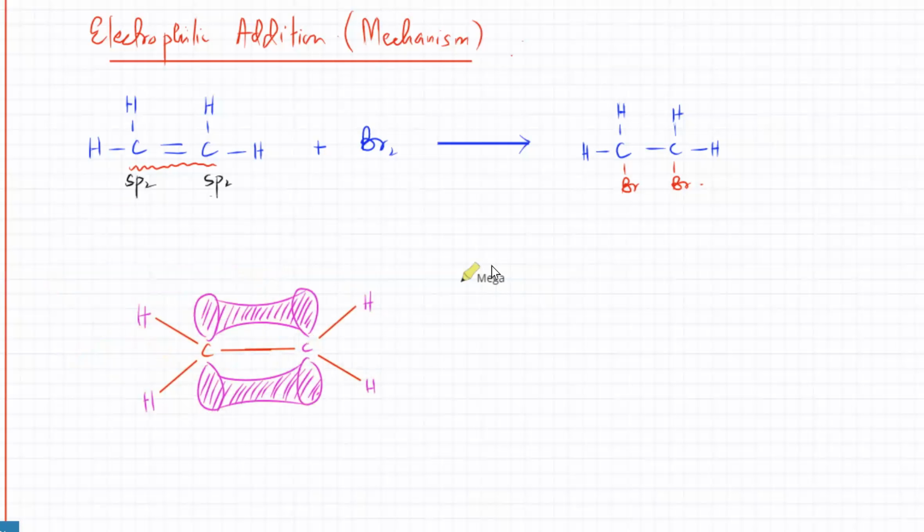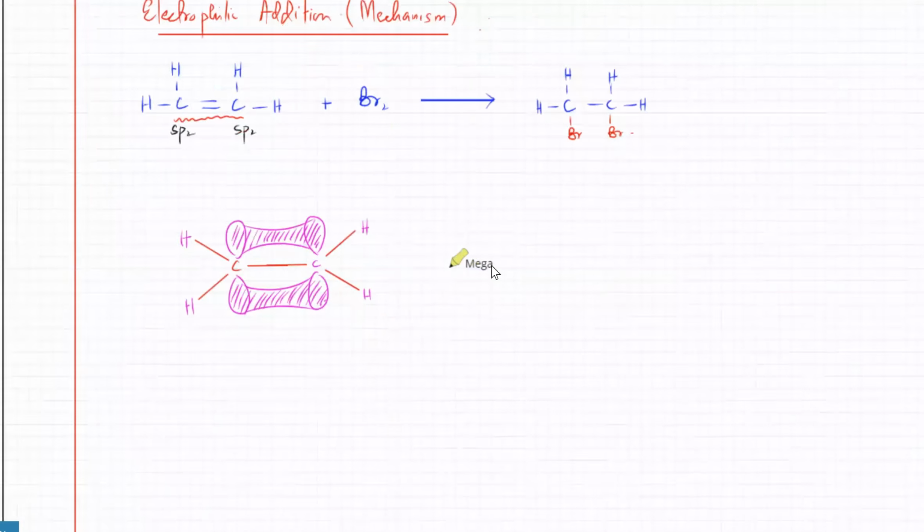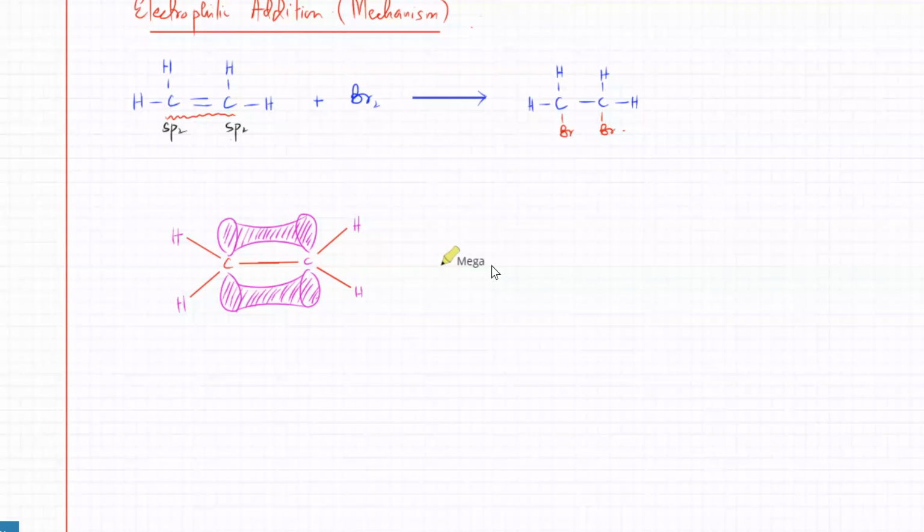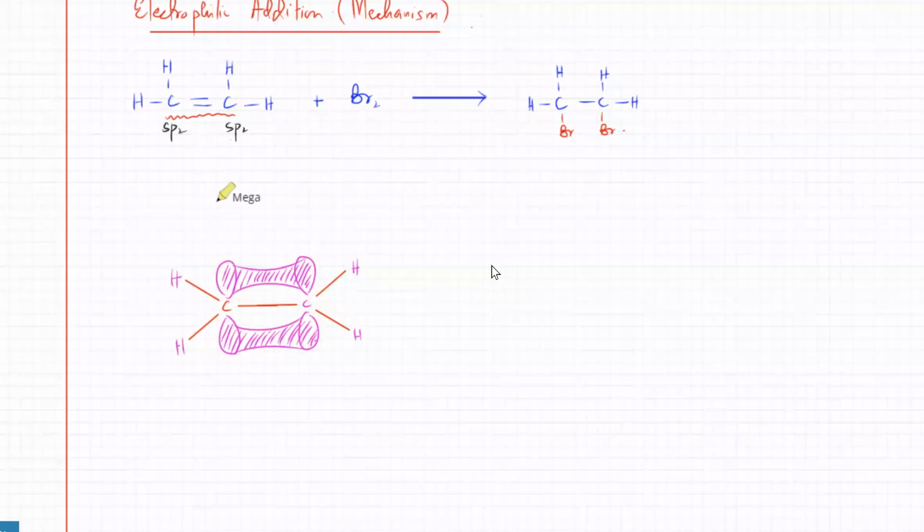So what's the problem with pi bonds, and why does it attract bromine? First thing is pi bonds have high charge density. There's a lot of electrons over here.